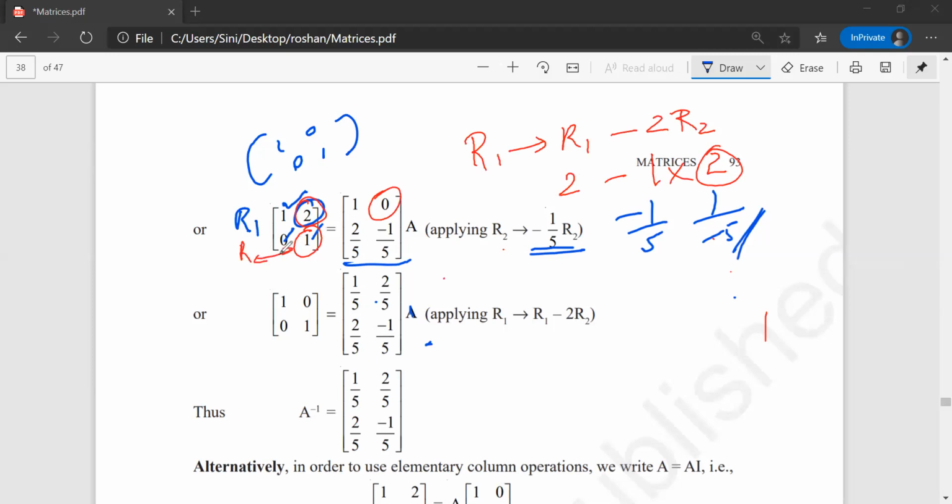Correct? R1 gives R1 minus 2R2. That is 2 minus 1 into 2. Similarly, I have to apply the same procedure here also. So 1 minus 2 into R2. What is my R2 here? 2 by 5. 1 minus 2 into 2 by 5, that is 1 minus 4 by 5. So that is 1 by 5. I got 1 by 5 as the answer.